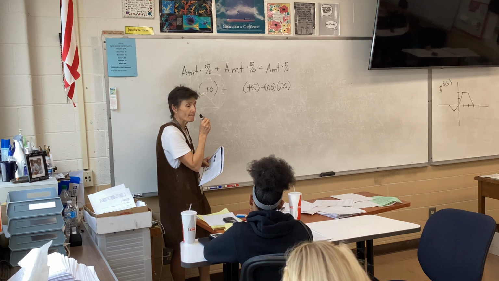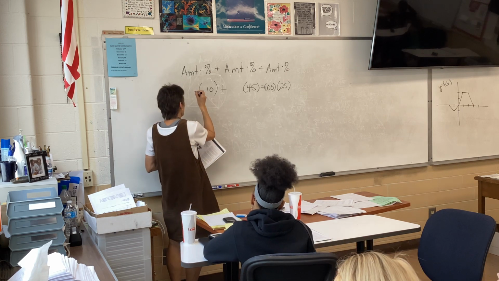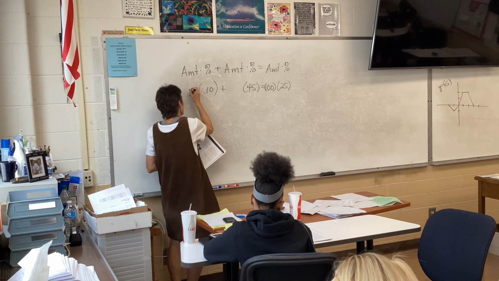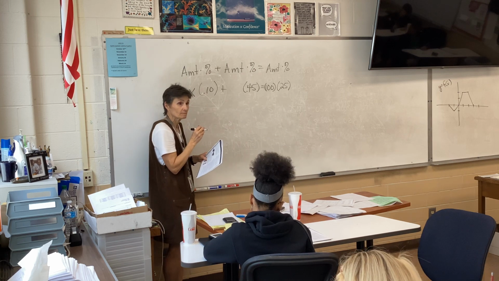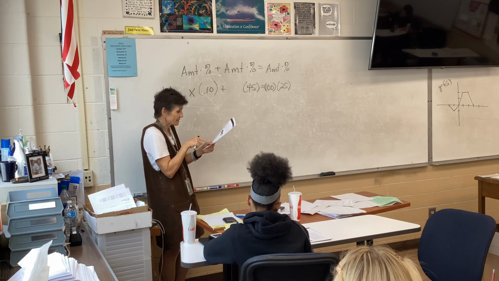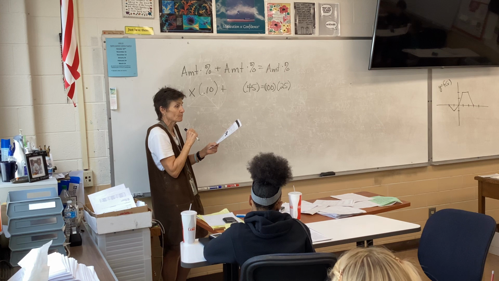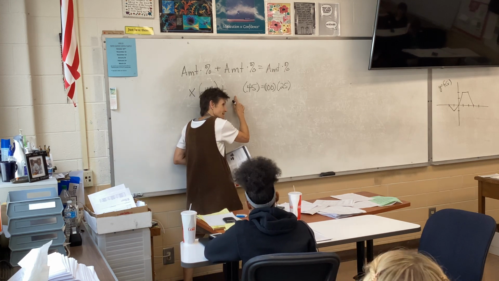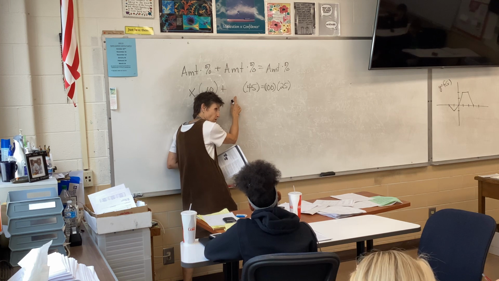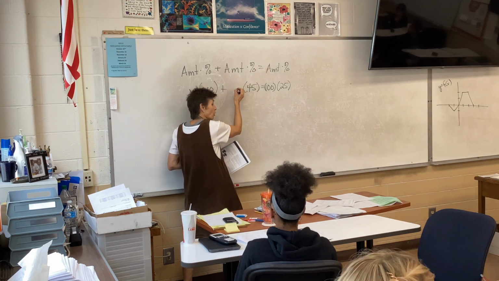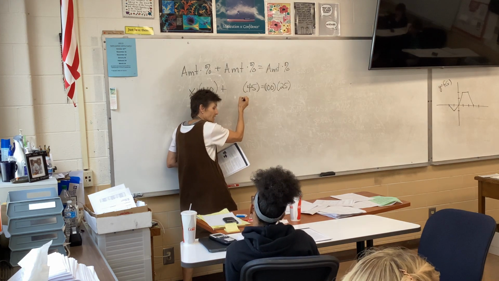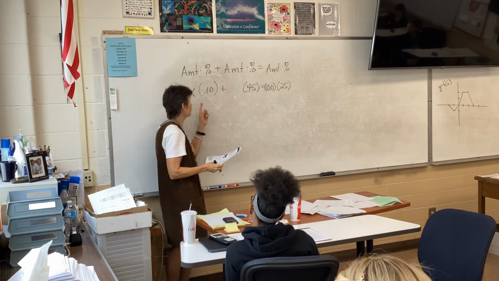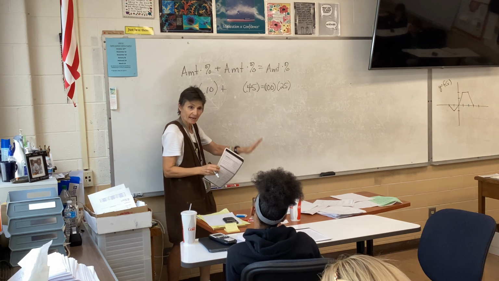Right? I know that I want to figure out how much 10%, so I'll call that X. It says how much 10%. And how much of this, now I gotta be careful, because I can't call this X. Because if I did, that would mean that my amounts were equal, and I don't know that.